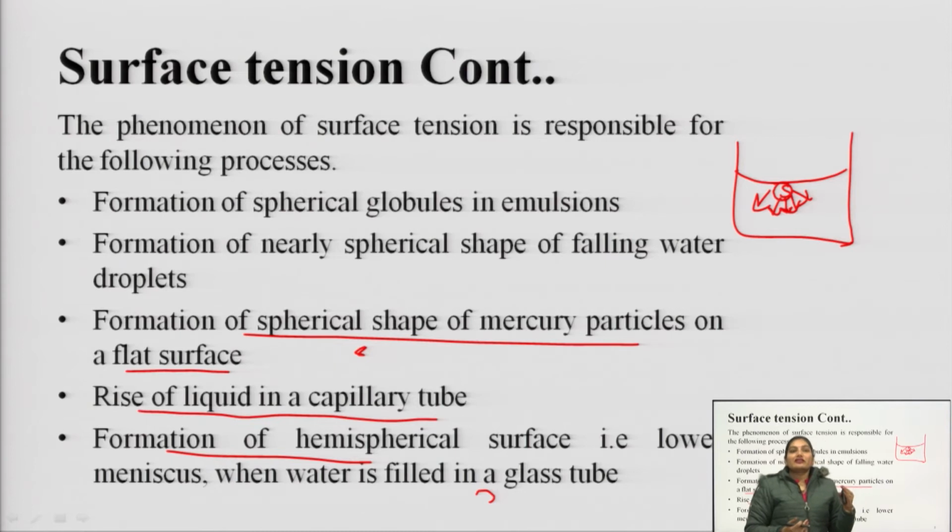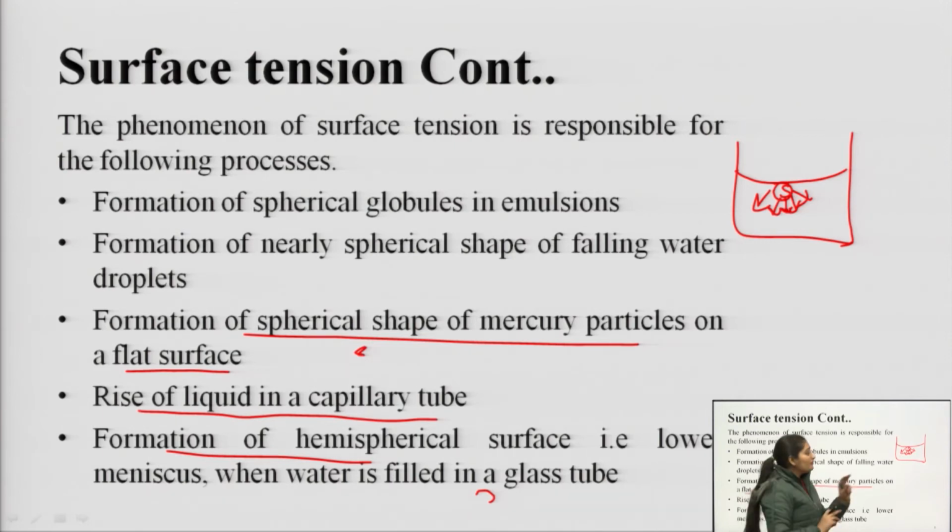Okay. So, surface tension is responsible for the following processes. What are these processes? First is formation of spherical globules in the emulsion. Next is formation of nearly spherical shape of falling water droplets. Third is formation of spherical shape of mercury particles on a flat surface, and rise of liquid in the capillary tube.